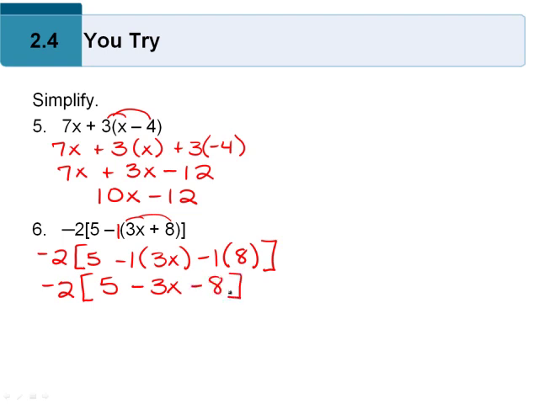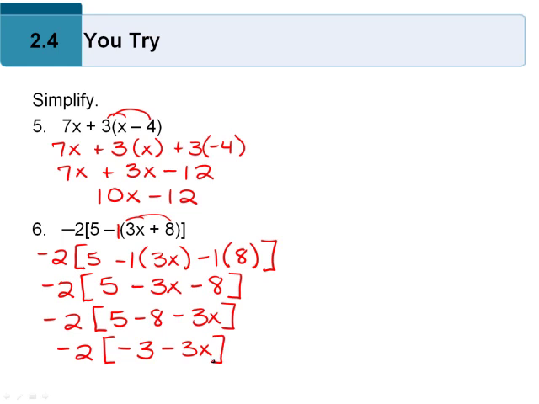Okay? So now I want to combine my terms inside my brackets. So I'm going to rearrange them. 5 minus 8 minus 3x. Just so I can see the two constants there next to each other. So we still have negative 2 on the outside. Now 5 and negative 8, you have to subtract and keep the bigger sign, would be negative 3 minus 3x. Still in brackets.